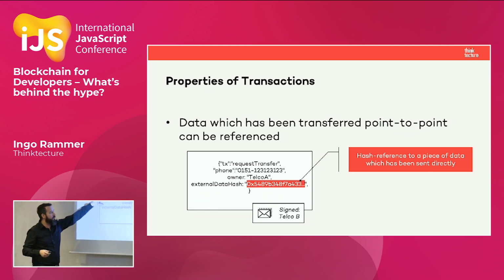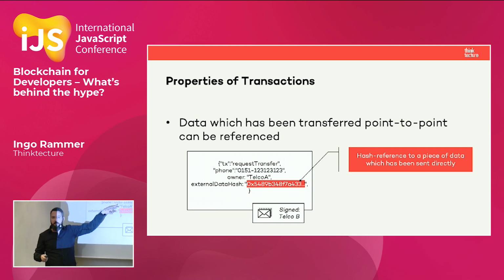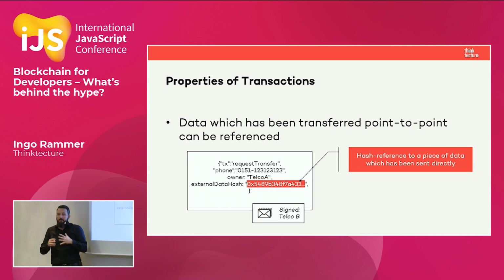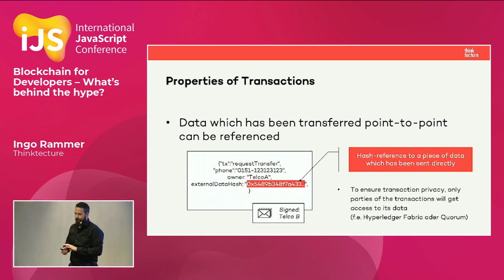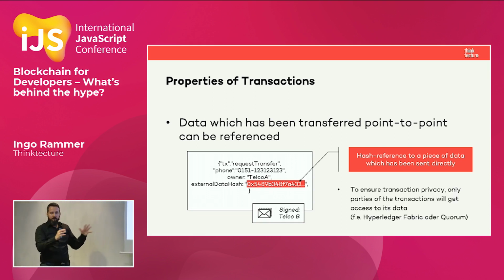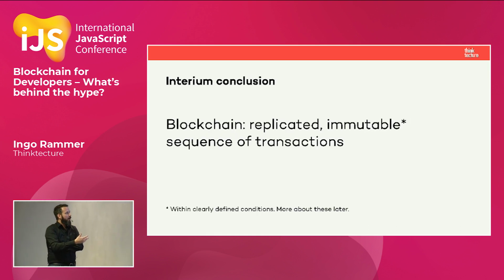Every node would see this information, the fact that you are transferring this phone number, that's in the public part, but you would not see who owns the phone number. And even if the encryption was weak, there is no way to find out who owns the phone number in this case. Okay. Hyperledger Fabric or Quorum do this out of the box, so you can basically just set a flag on your transaction that you want to opt into this behavior. It's not something you have to implement.